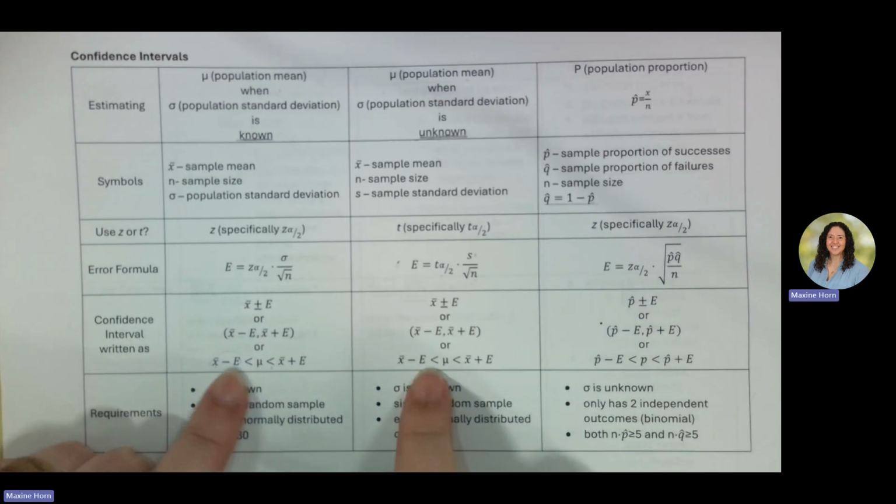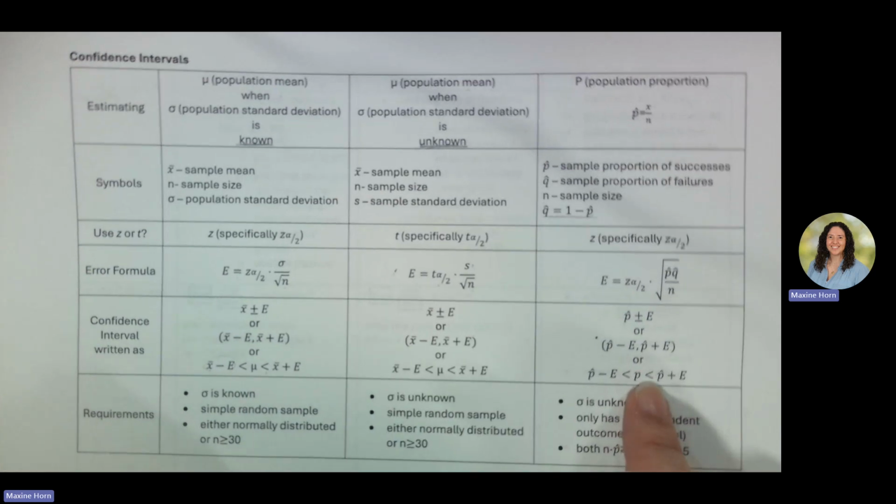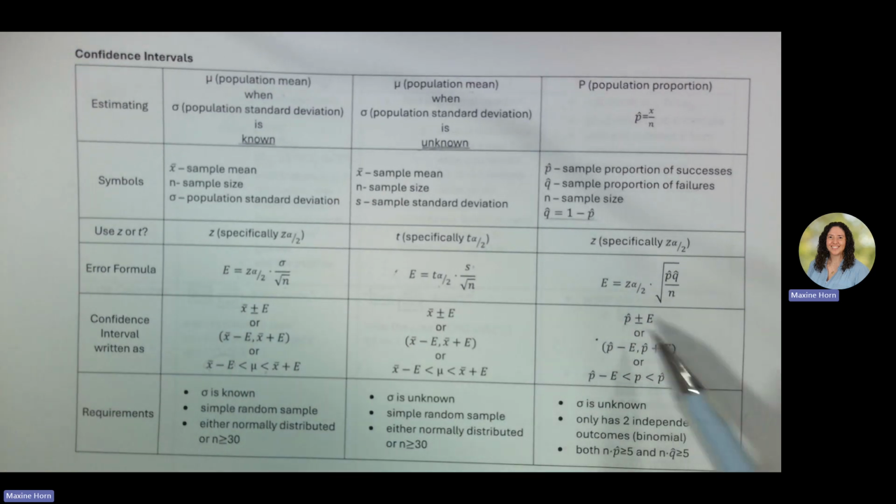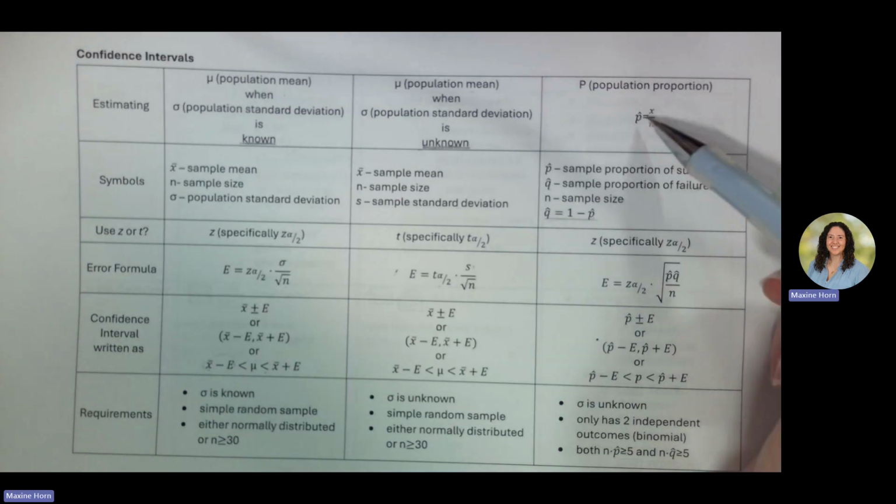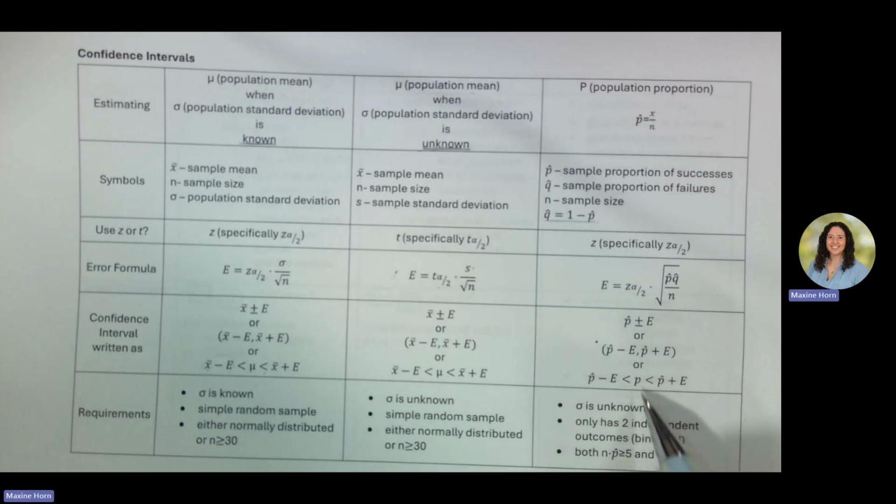Right, so it's the same thing for both of these. And then here, we're not talking about means, we're talking about proportions. So we have the true population proportion. I think I was calling that population before, sorry. The true population proportion is your sample proportion minus your error, and your sample proportion plus your error.